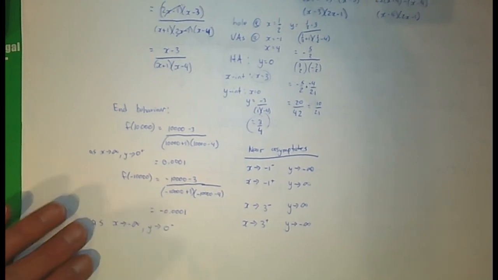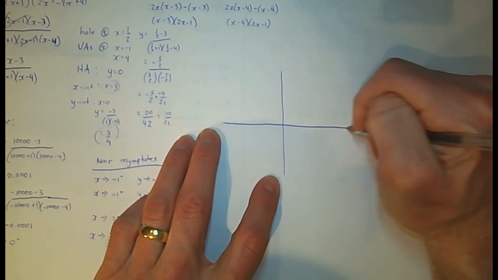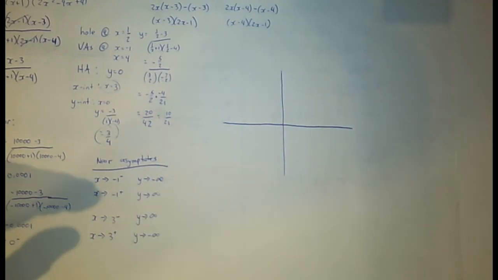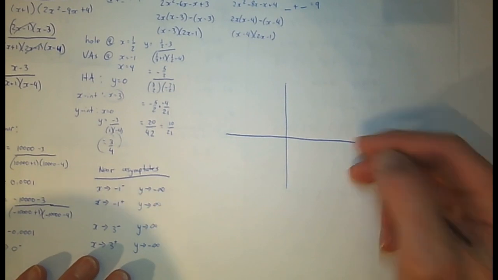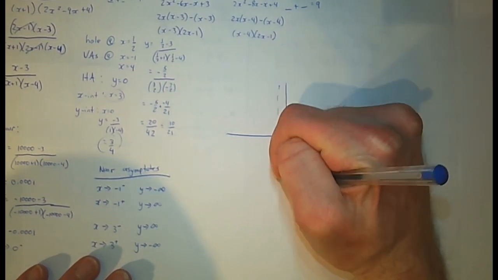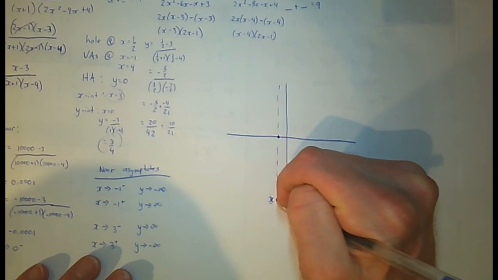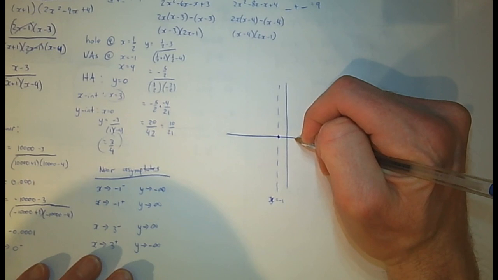Okay, so we have a lot of info. Let's put it all together. So here's our graph. And let's mark our asymptotes first. So x equals -1 is our asymptote, and then +3, right?